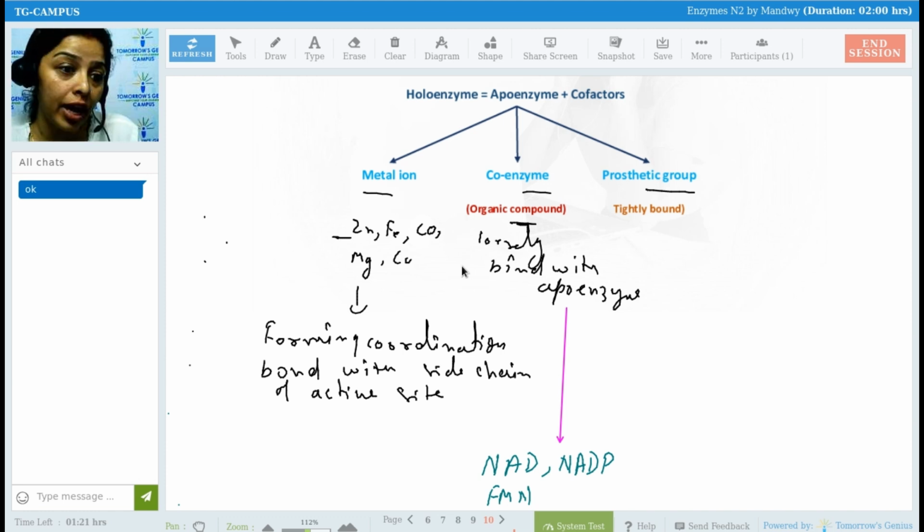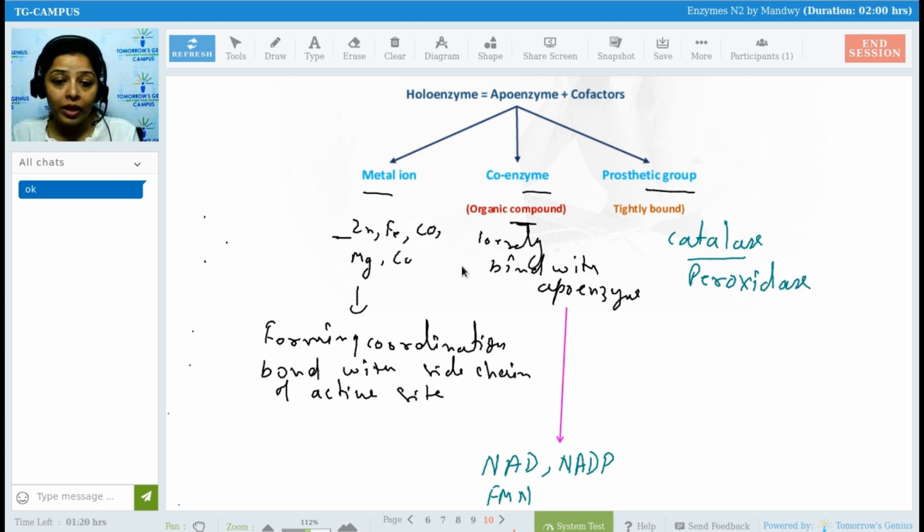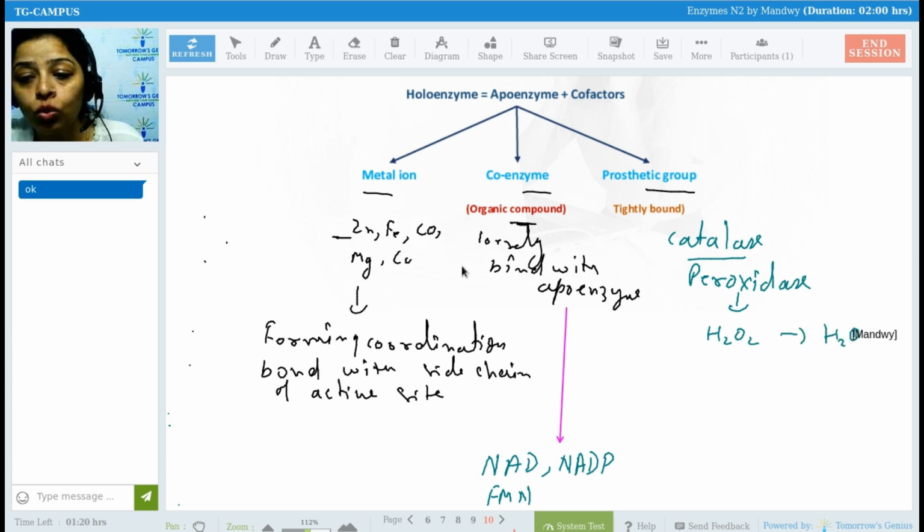An example of that type of enzyme is catalase, that will catalyze, breaking down. Peroxidase will break down H2O2 into H2O plus free oxygen.